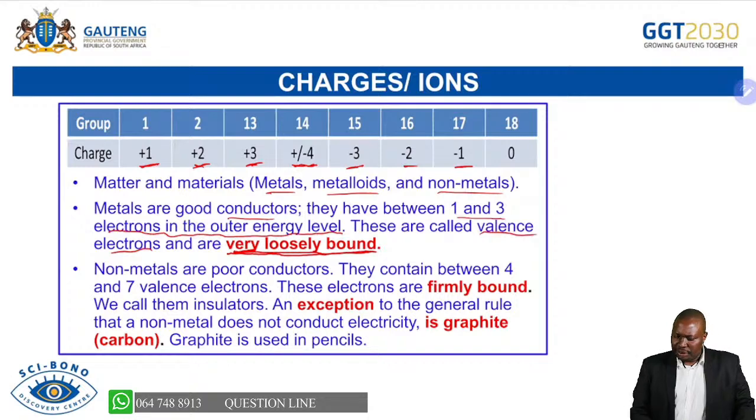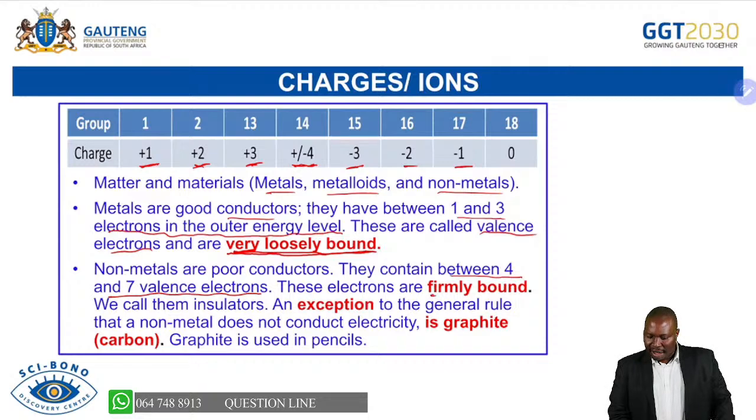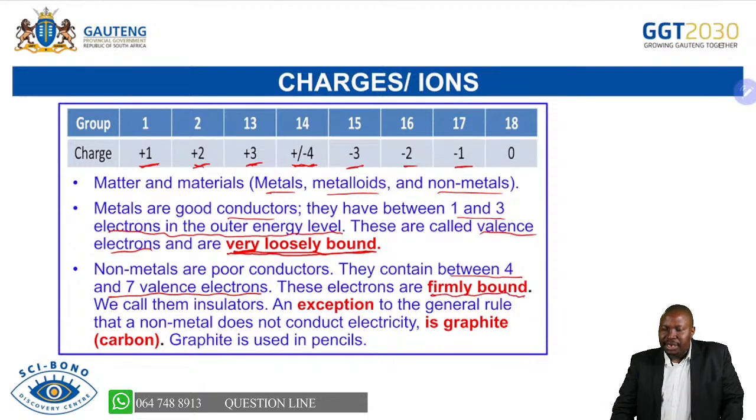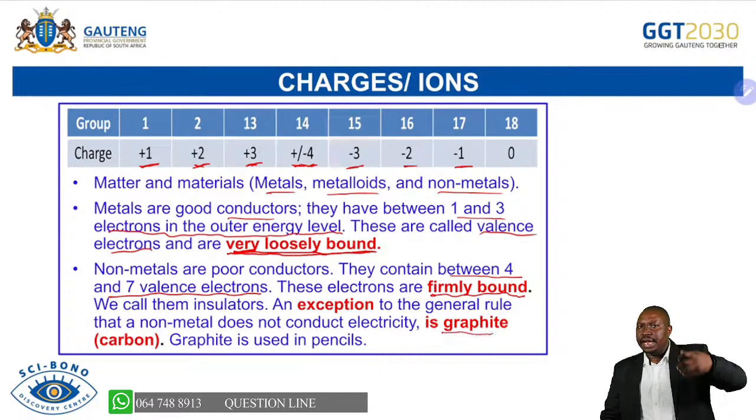But we have non-metals, which are poor conductors, and they contain between 4 and 7 valence electrons. So these ones are more likely to gain because the electrons are firmly bound, and we call them insulators. But we have an exception, as I told you already, to that rule that non-metals do not conduct electricity, which is graphite. Your carbon is a non-metal, but it can conduct electricity.